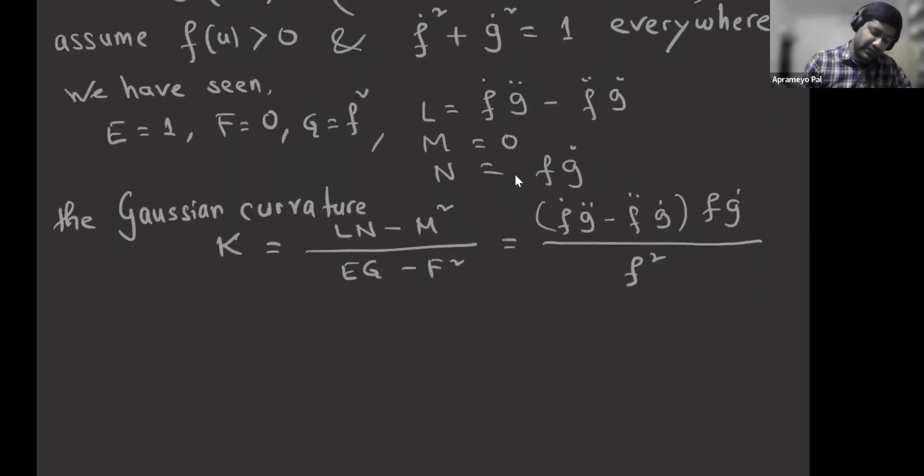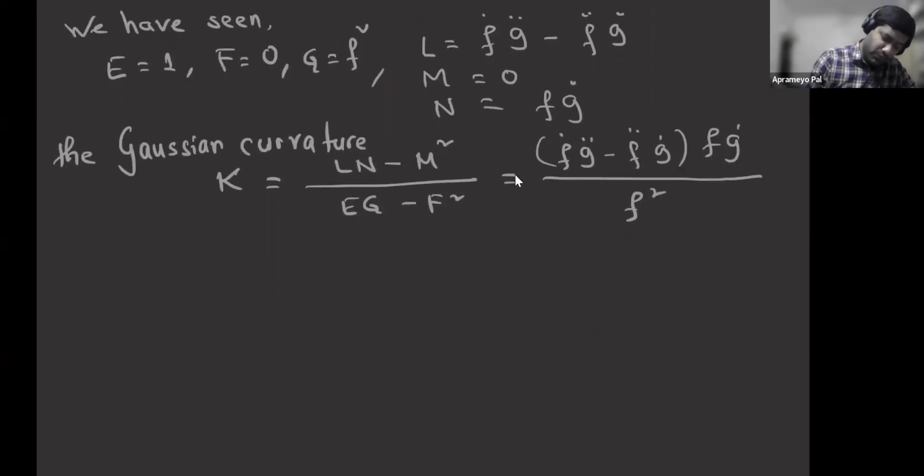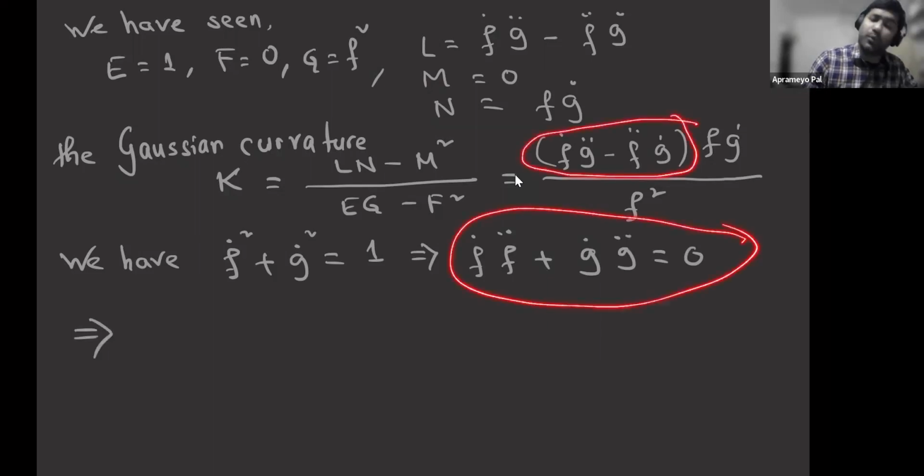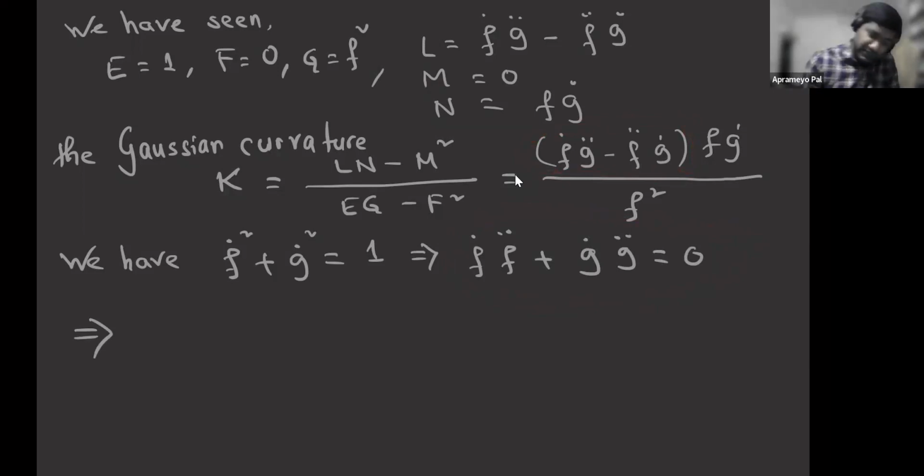So let's try to do this. We have that f dot square plus g dot square is 1, which implies, if you differentiate, that f dot f double dot plus g dot g double dot is 0. Now we will use this relation inside this and hope that it will simplify, and it will.